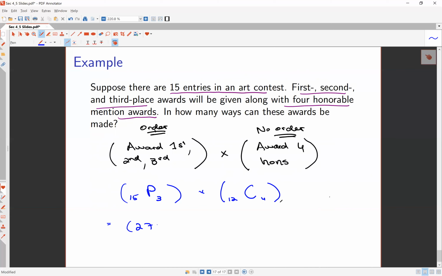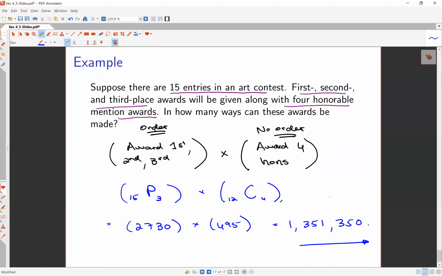So there's 2,730 ways to award the first 3 prizes, and then there are 495 ways to award the honorable mentions, meaning the total number of ways in which prizes could be awarded is equal to 1,351,350.